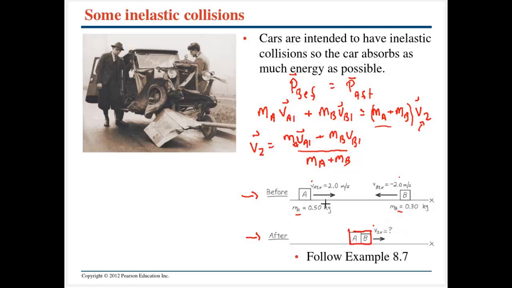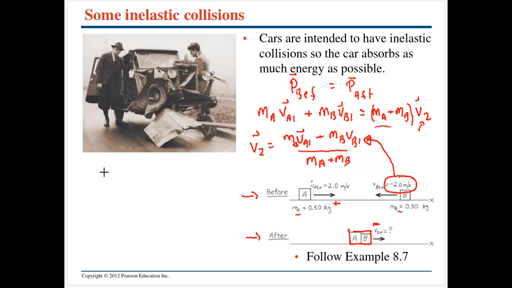And I just have to be very careful to remember that my velocity of B1 is going to be negative when I put that guy in there. The velocity of A1 is going to be in the positive direction, and the math will tell me whether I chose V2x being positive or negative to be right or wrong.